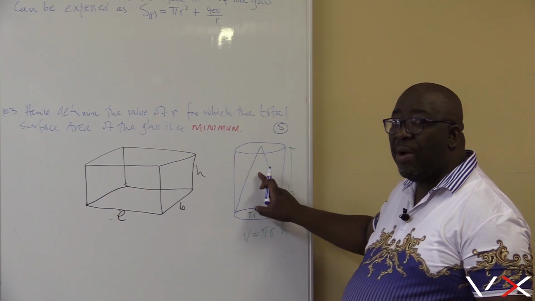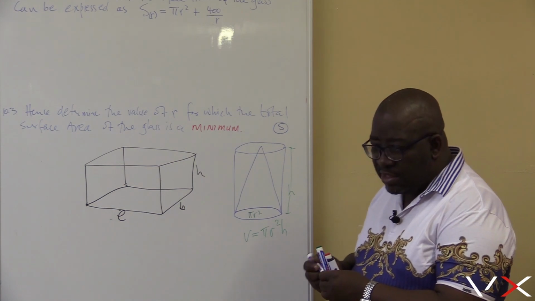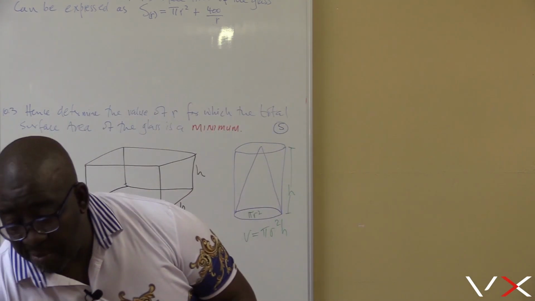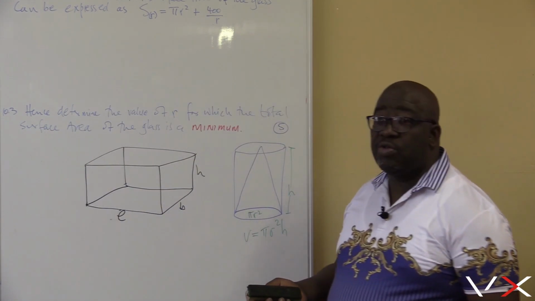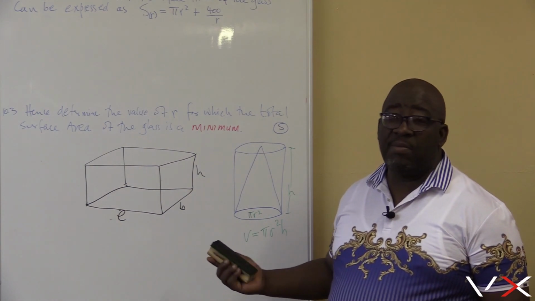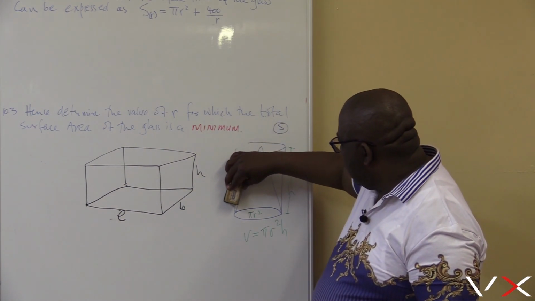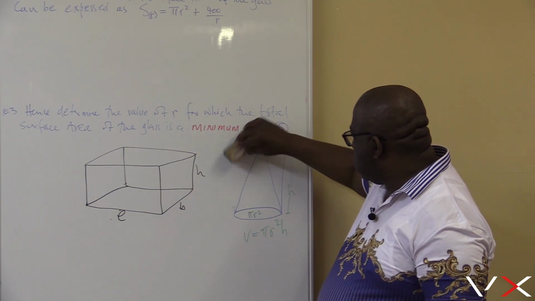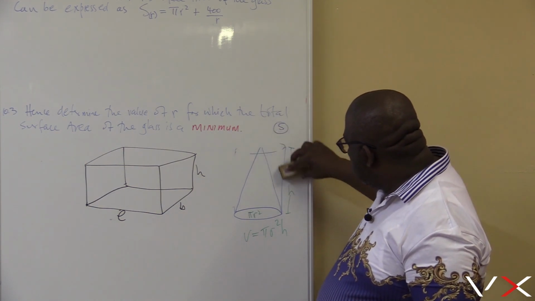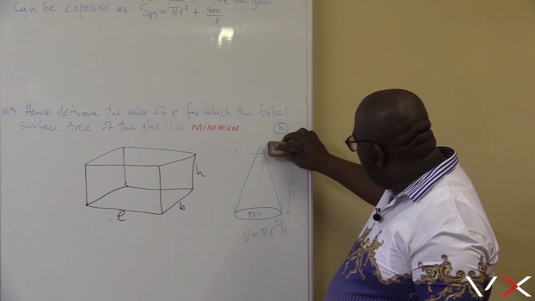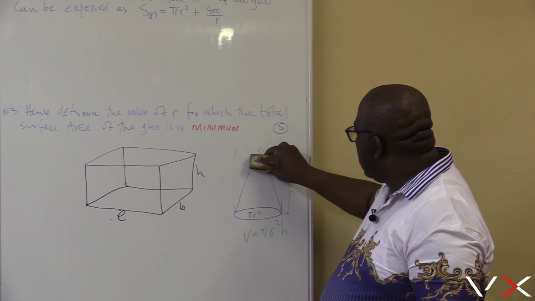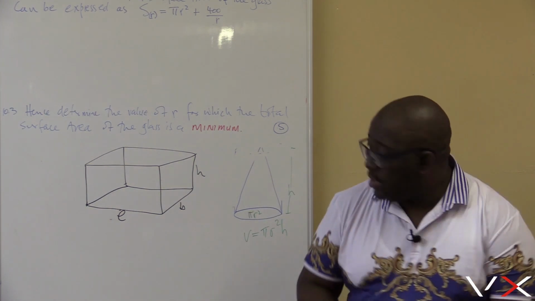So this is 1/3, 1/3, and 1/3. Now, if we cut this one out, I just want to talk about the cone. How easy it is, because these formulas were not given in the exam, so you must know them. If I cut this here, now this becomes a cone. It's no longer a cylinder, it is now a cone.